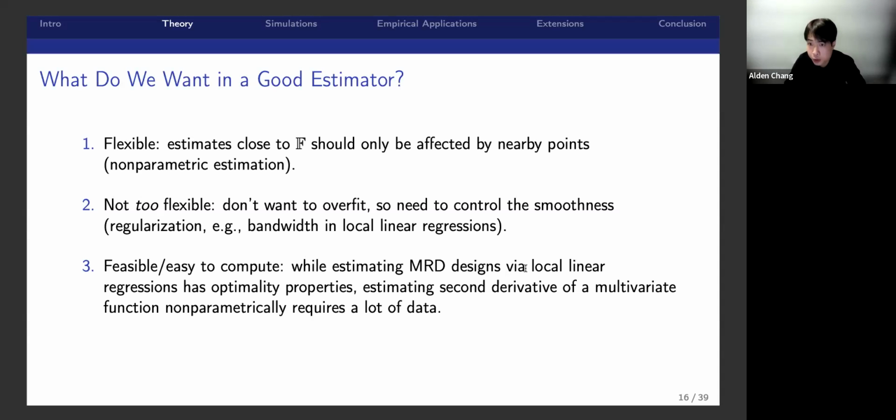So we need to control the smoothness of the CEF somehow. And finally, we would ideally want the estimator to be feasible and easy to compute. And that is basically the main pitfall of estimating MRD designs using local linear regressions, and the reason why I'll be focusing on a different estimation method.